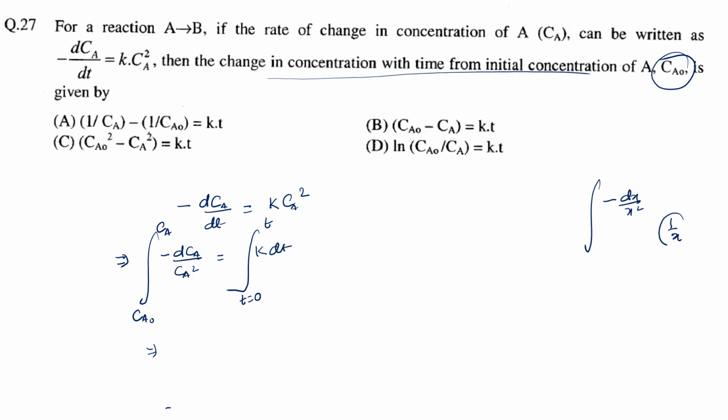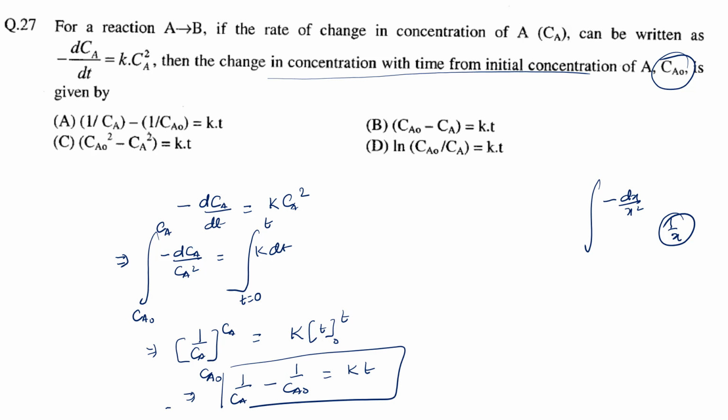The integration of minus 1 by x square is 1 by x. So 1 by Ca. We'll put these values and it will be k t from 0 to t. So 1 by Ca minus 1 by Ca naught is equal to kt. Let us find which is the option. Yes, it matches with A. So clear? Okay, now let us move on.